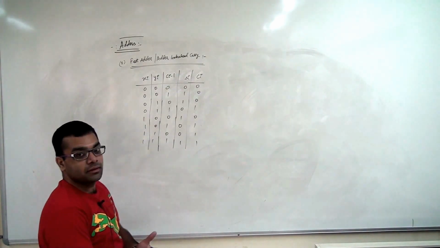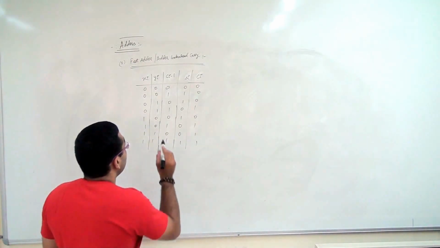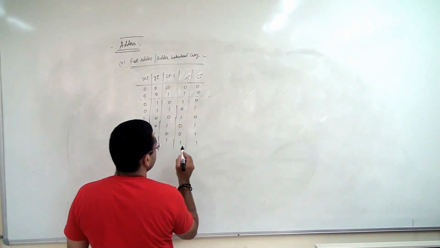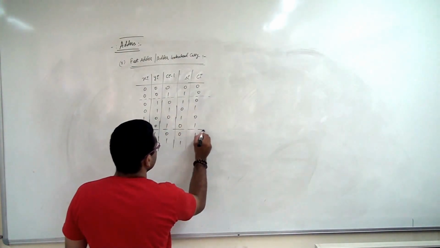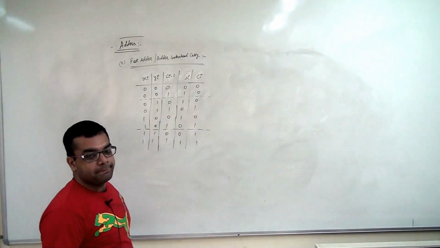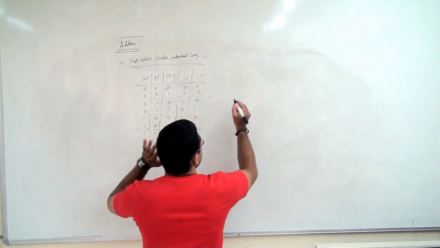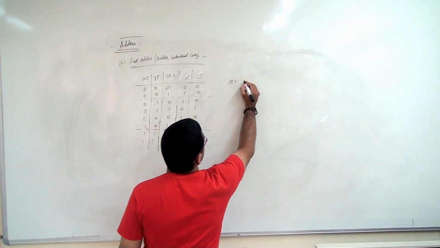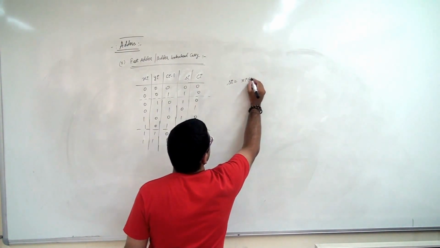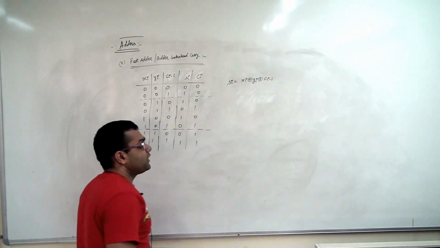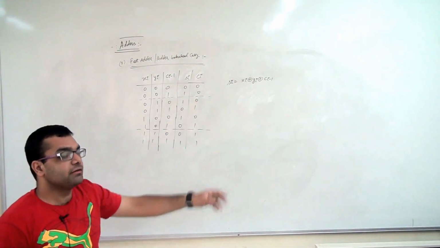Alright. Now I will make partitions in this table, like this. Why I have done this: you can see some follow the same principle, like the sum at the ith stage will be xi XOR yi XOR ci minus 1. We'll modify this function in a little while.